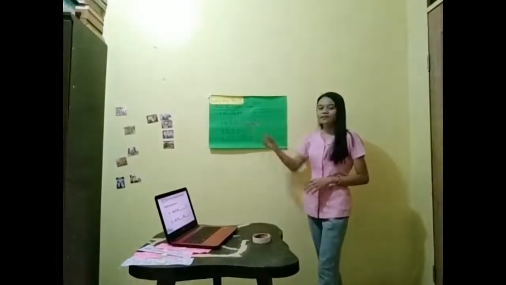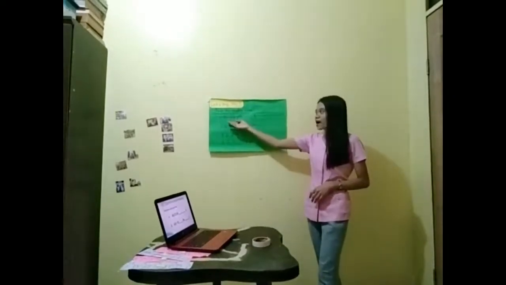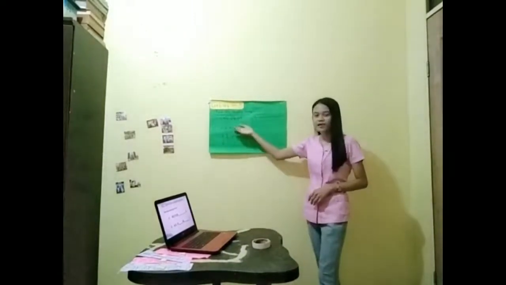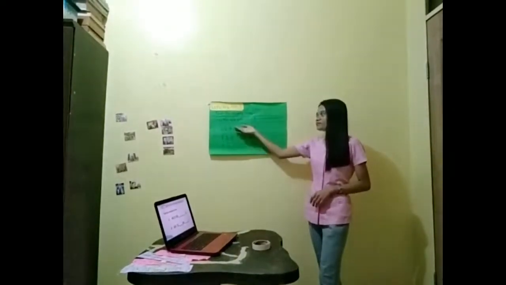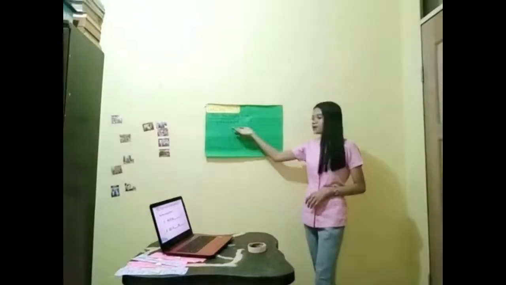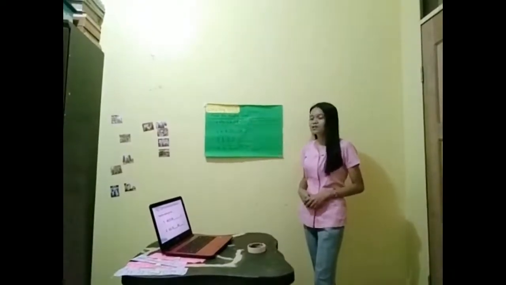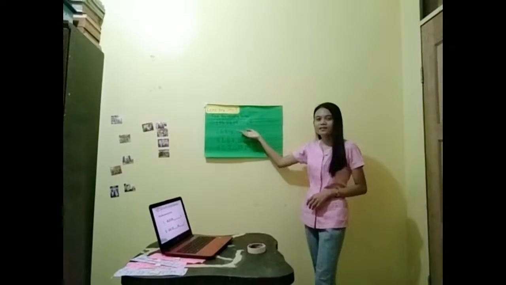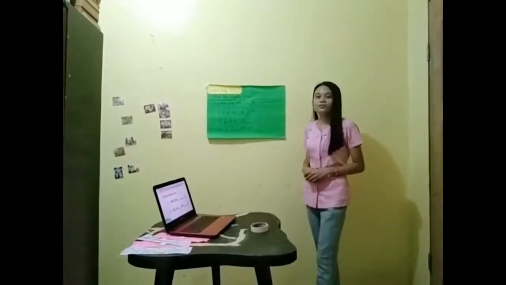Each term is formed by subtracting 8 from the preceding term. So we have 45 minus 8 is equivalent to 37. 37 minus 8 is equal to 29. So 29 minus 8 is equivalent to 21.